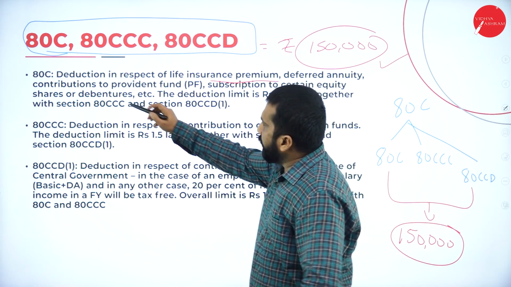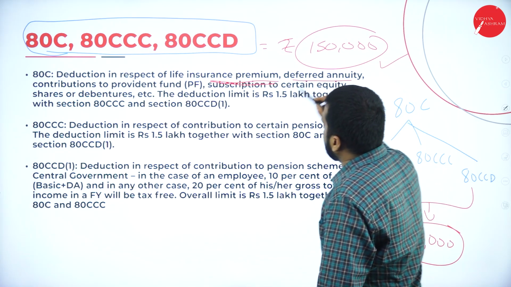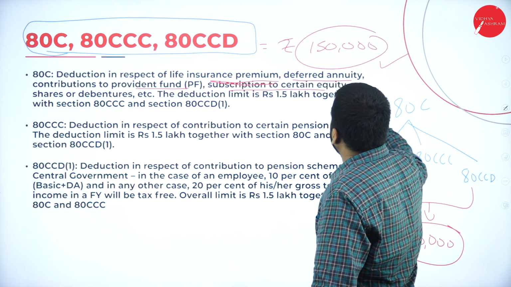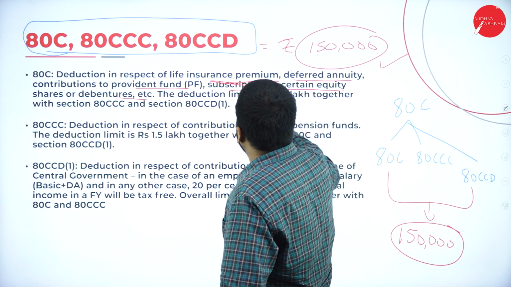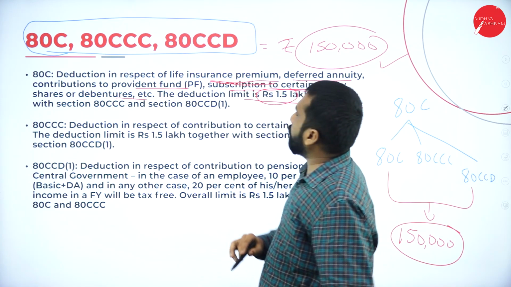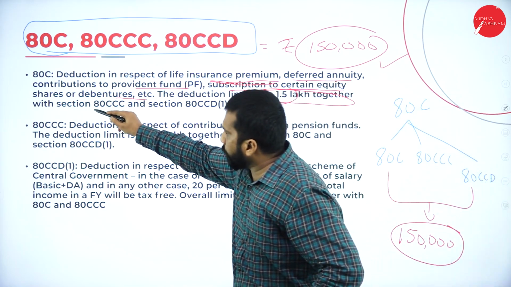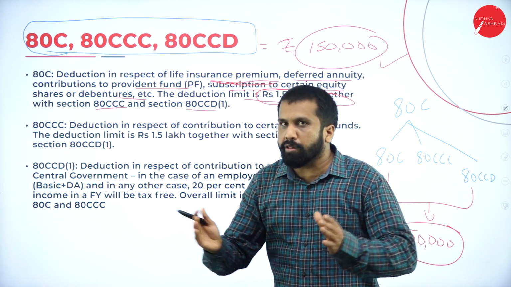Now, 80C is a deduction in respect of life insurance premium, deferred annuity contribution, provident fund, subscription to certain equity shares, debentures, etc. The limit is 1,50,000, not only for 80C, but along with 80CCC and 80CCD, all put together.